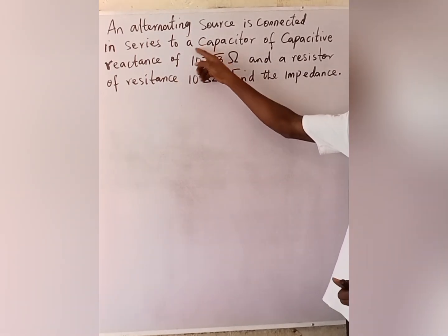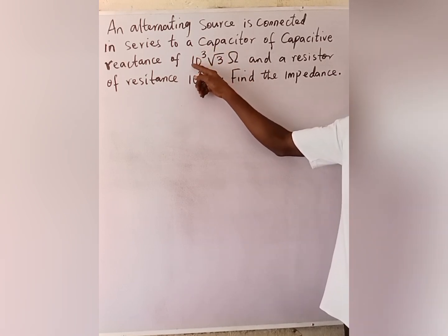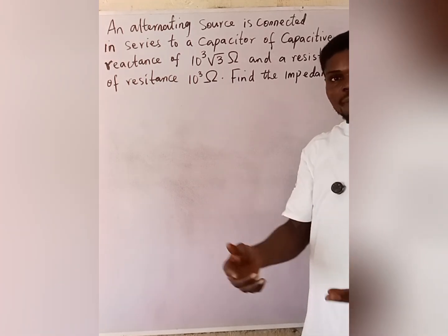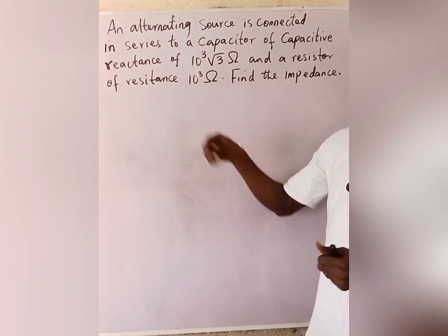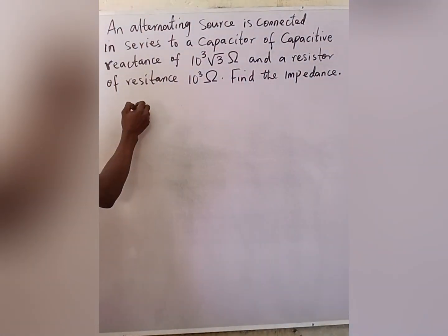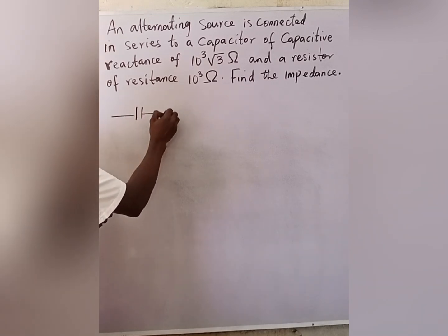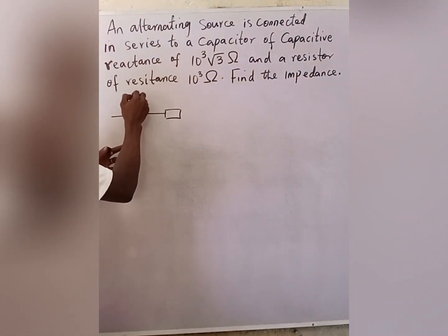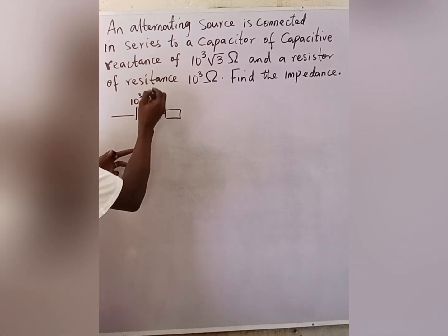This is the capacitor. The reactance of the capacitor is the opposition offered by the capacitor, and this one is the opposition offered by the resistor. In simple terms, the diagram of this question has a capacitor of capacitive reactance 10 raised to power 3 square root 3 ohms.